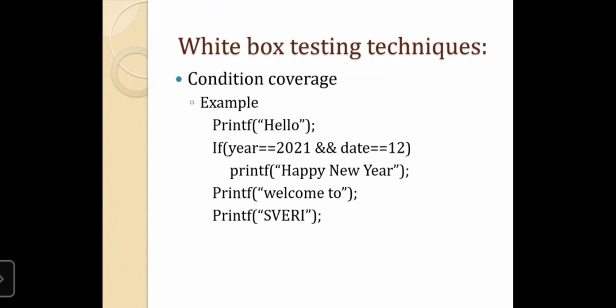So true and false is false. Again, vice versa, if the year is not 2020, false and true is false. And if both the conditions are false, false and false is false.